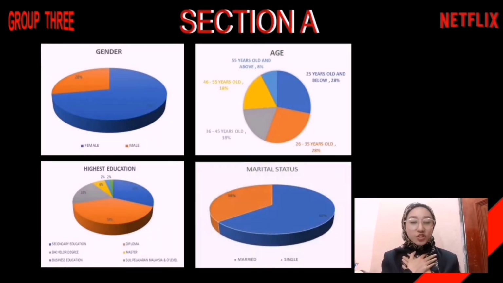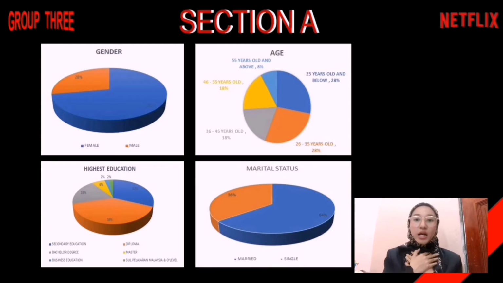I want to present Section A. Section A is more about the details of the respondents. The first is gender. The majority of our respondents are female compared to male. Next, the age.